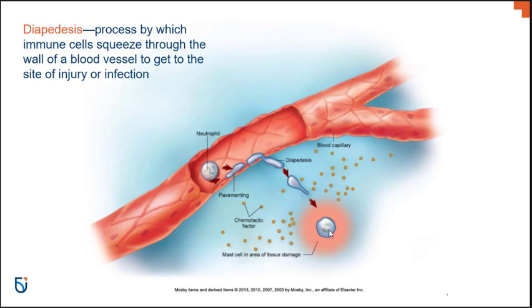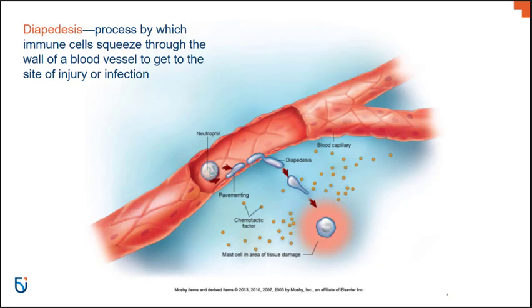So here's a mast cell. It's going to give off these chemotactic factors, almost like a flag for help, a signal for help that attracts neutrophils to the area. Neutrophils can exit the capillary, which will become more permeable, exit the capillary by a process called diapedesis. And then they can enter the tissue.